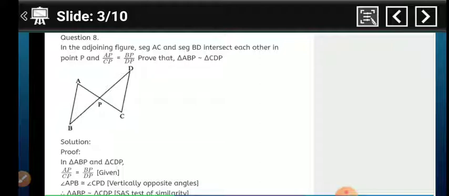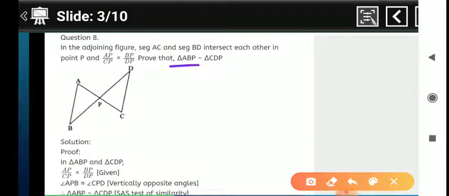In the adjoining figure, segment AC and segment BD intersect each other in point P, and AP upon CP is equal to BP upon DP. Then prove that triangle ABP is similar to triangle CDP.